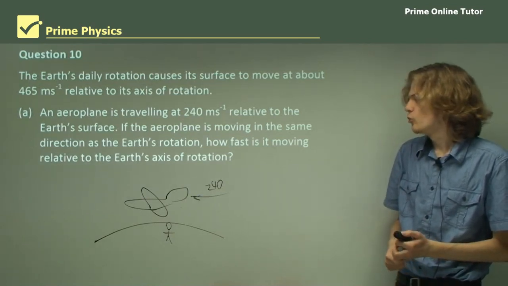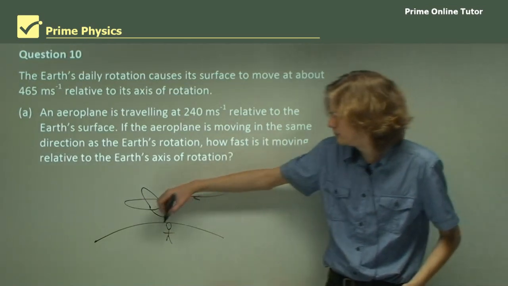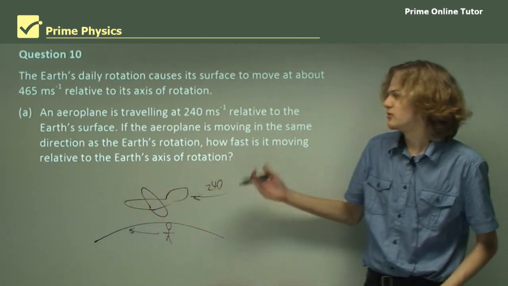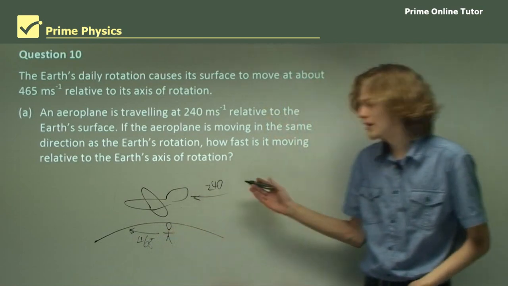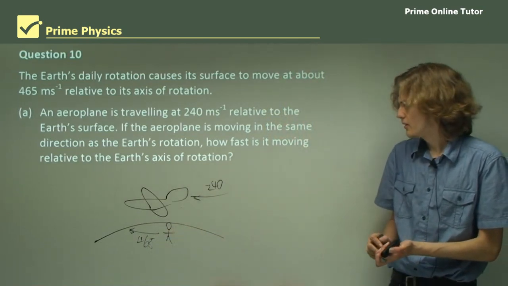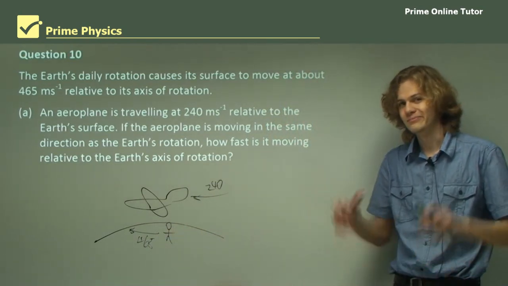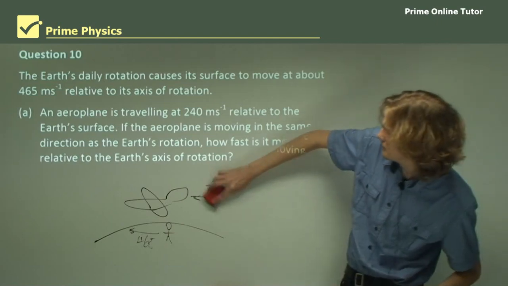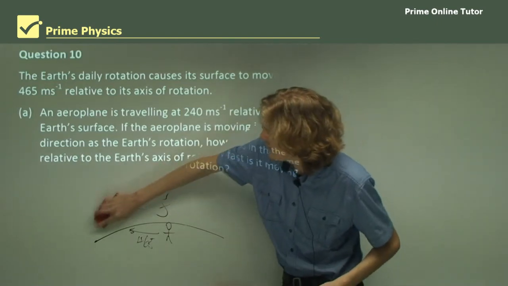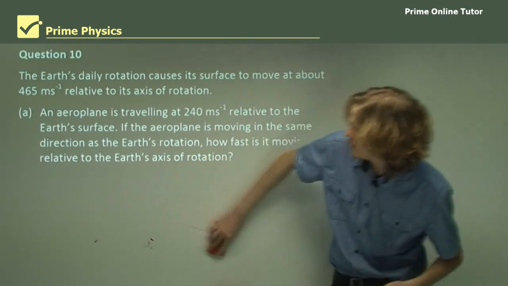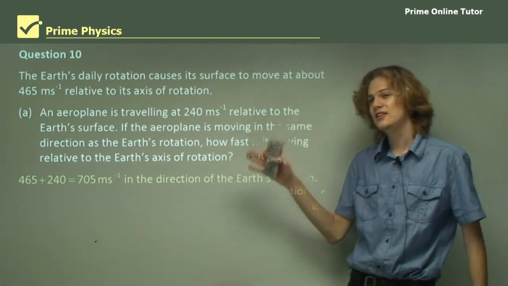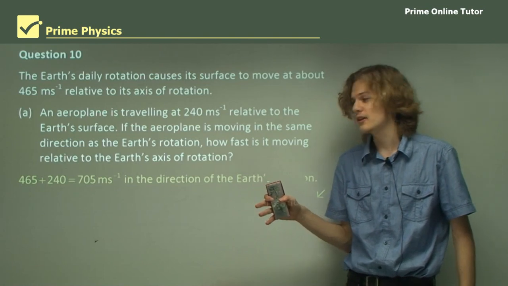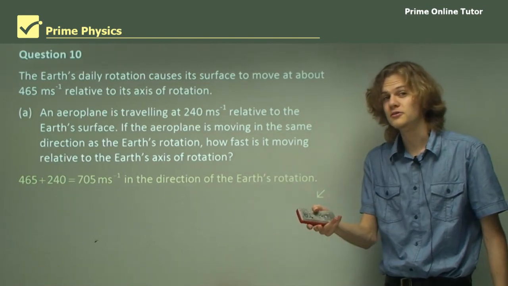So in this case, we'll be adding our observing velocity, which of course is 465 meters per second, to the plane's velocity. And so relative to the stationary axis of the Earth, we add these two numbers together to find that the plane is moving at 705 meters per second, which is mind-bogglingly fast.